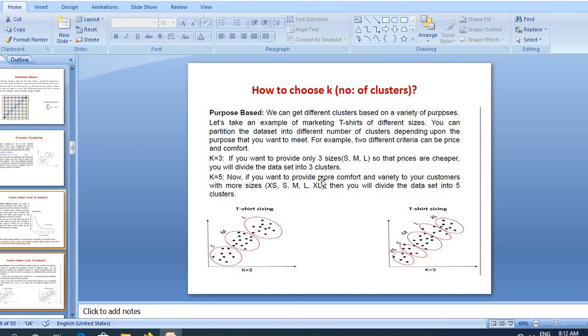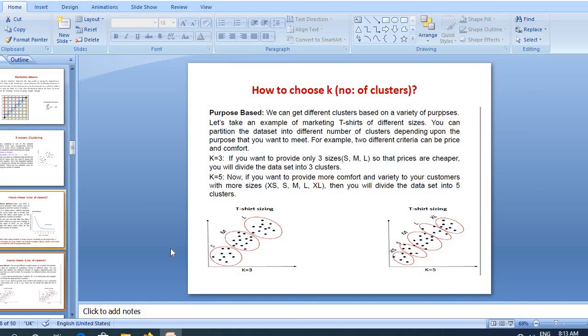Now, if your aim is to provide more comfort with more sizes, you will go for XS, S, M, L, XL. Then you will be dividing the data set into 5 clusters. It depends on the purpose, application based. If an application demands 5 clusters, choose k equal to 5. If an application demands k equal to 3, choose 3 clusters.